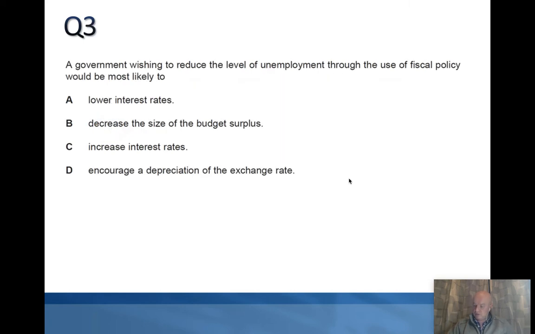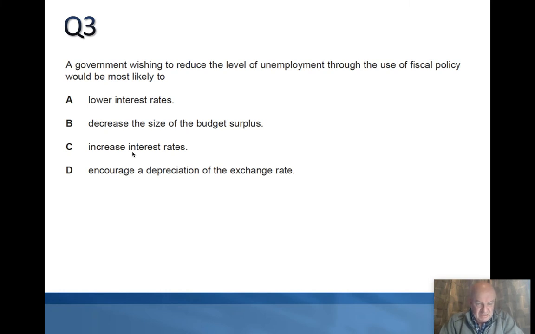If we take a look at question 3, the government is wishing to reduce the level of unemployment through the use of fiscal policy, would be most likely to, well, it wouldn't be lowering interest rates because that's monetary policy, decrease the size of the budget surplus. That's one that we could bear. Increasing interest rates, again, is not going to have an effect on fiscal policy, because in this instance, that's actually monetary policy.